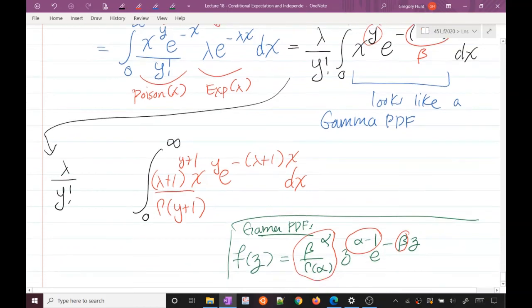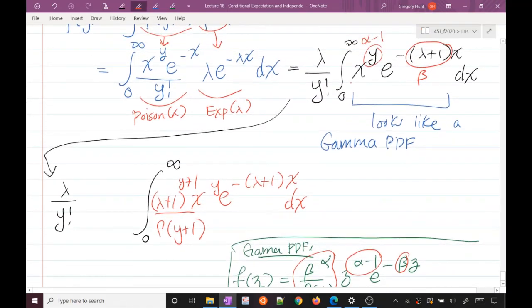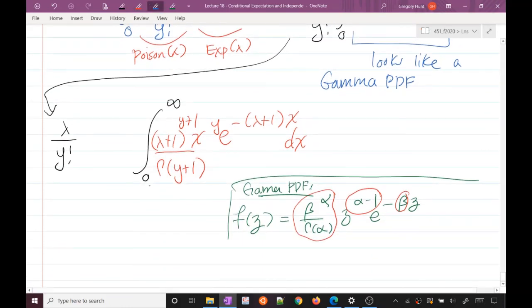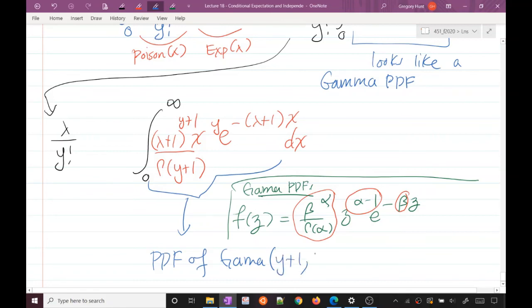So if we add those constants, then this here is a PDF of a certain gamma distribution. The gamma distribution has parameter alpha, which is y plus 1, and parameter beta, which is lambda plus 1. We don't have those constants, so in order to multiply by those, I have to correspondingly multiply by the reciprocals on the outside so they cancel.